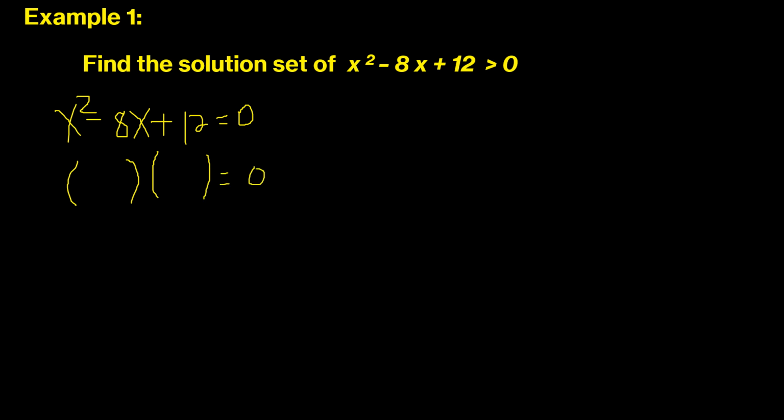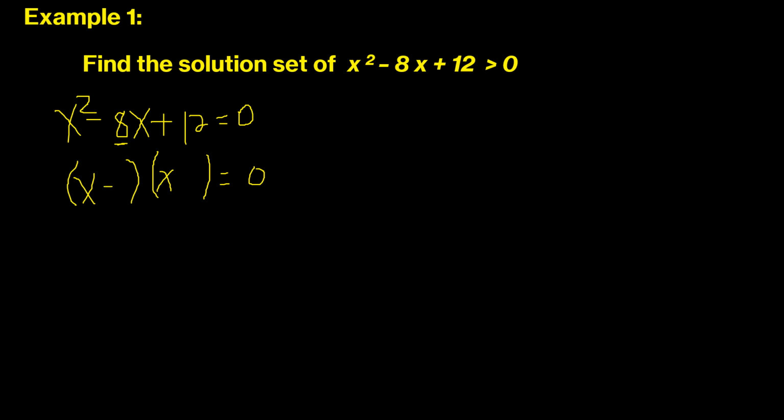So factor x squared, we have x and factor 12. So we have to think of the factors of 12 such that if we add those two factors, we have negative 8 as the sum.